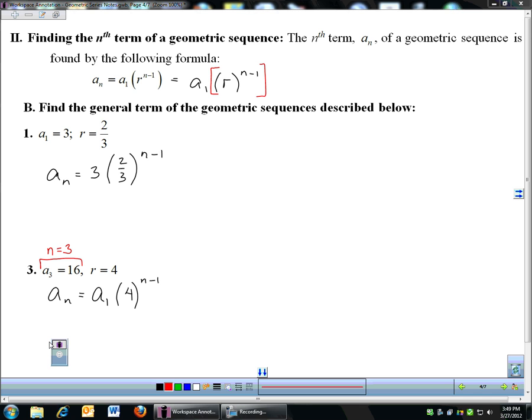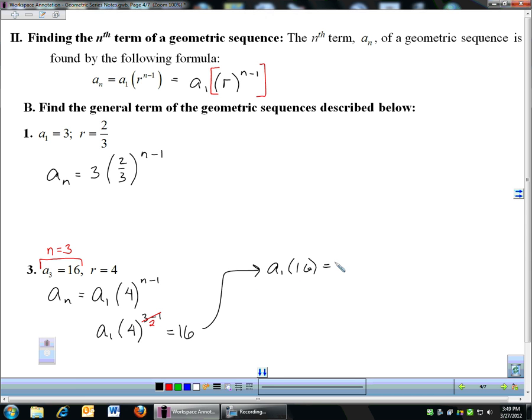So I'm going to plug in 3 for n, and that would give me a₁ times 4 to the 3 minus 1 needs to equal 16, because that's what my third term was, and we'll solve that equation. 3 minus 1 is 2, and 4 squared is 16, so that's saying a₁ times 16 is 16, and that means my first term is 1.